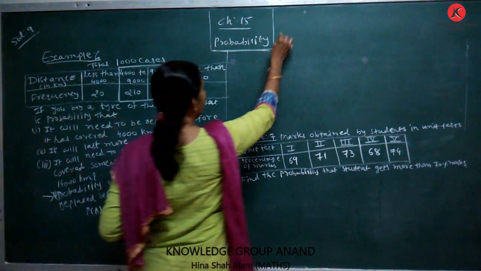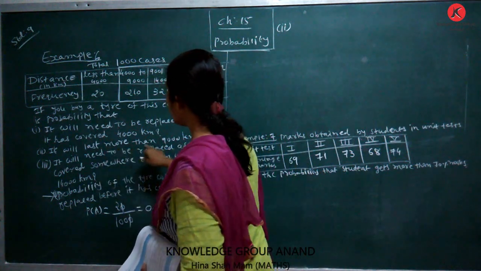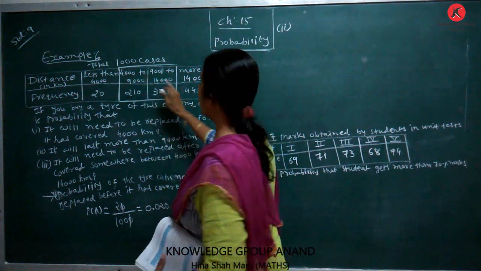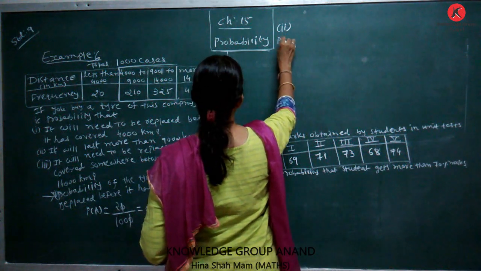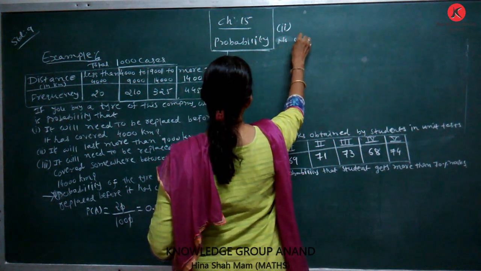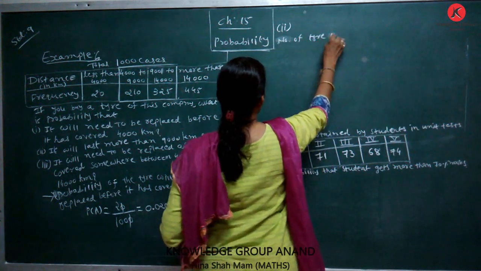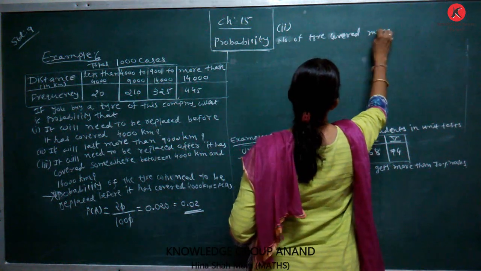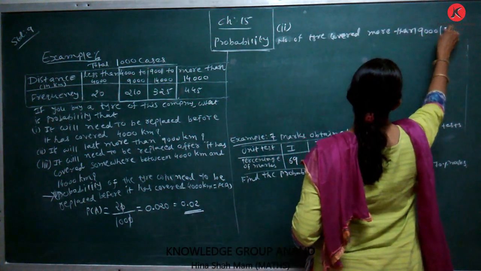Number 2. It will last more than 9,000 kilometers. Probability of the tire covered more than 9,000 kilometers.